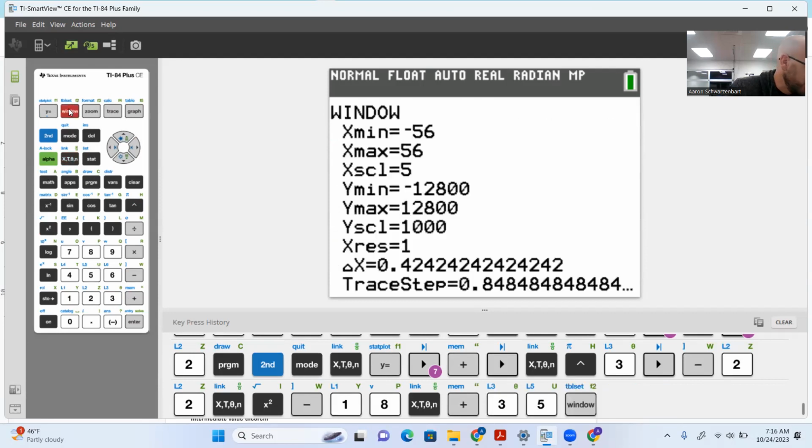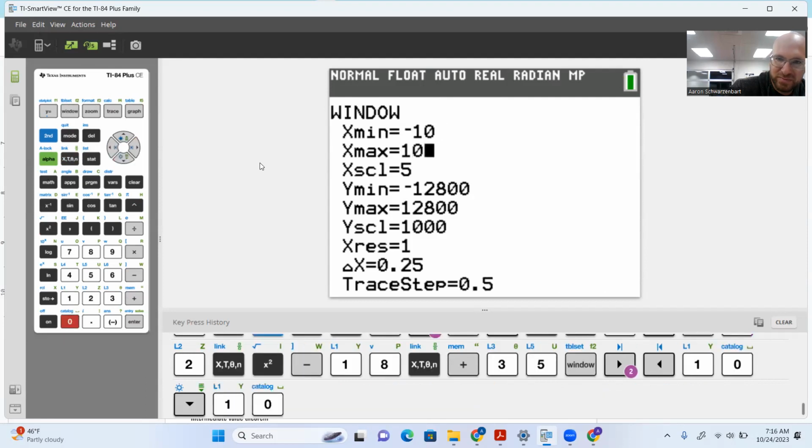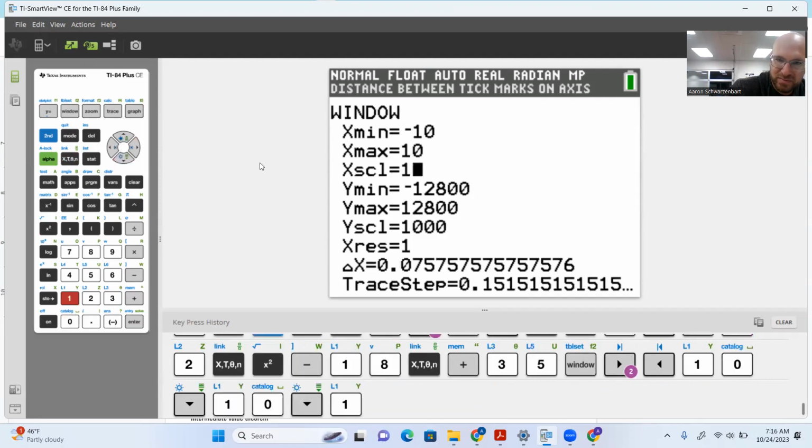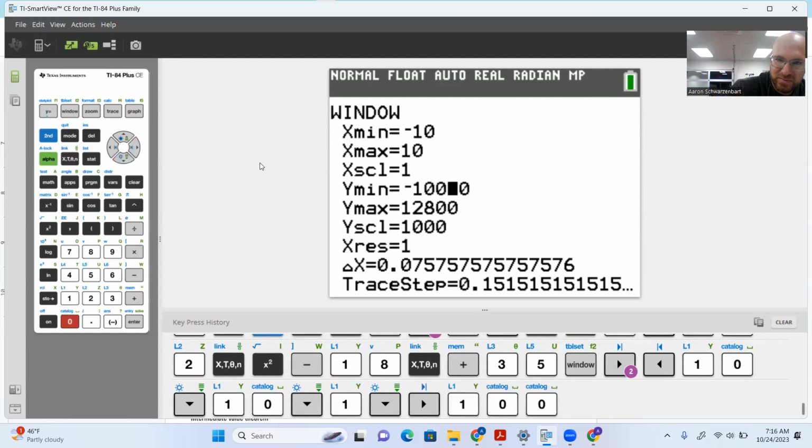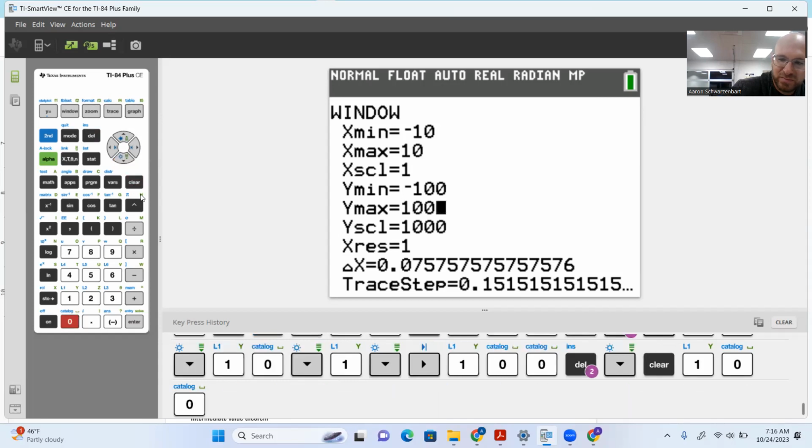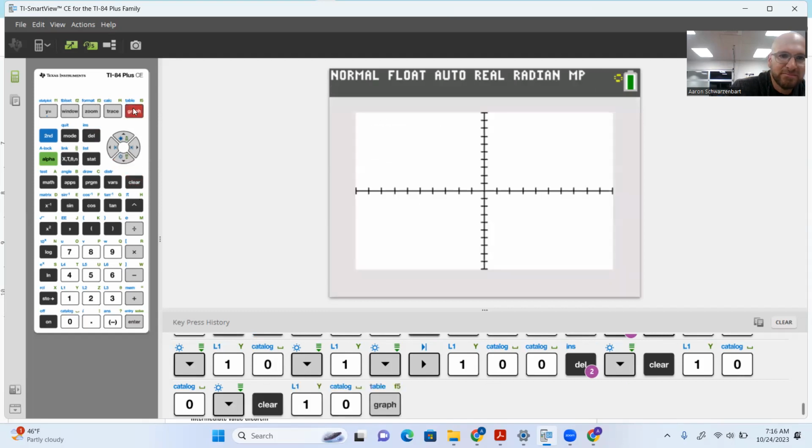I'm going to make my window a little smaller this time. It's kind of huge. And here I can see, again, I'm looking at end behavior.